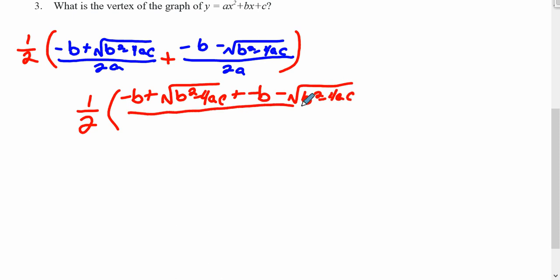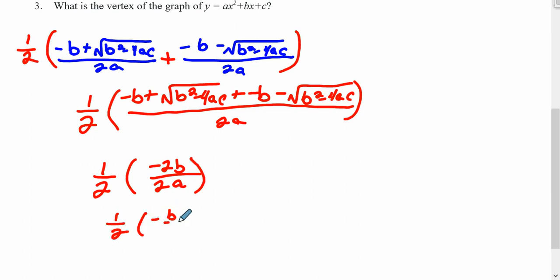And that's all over 2a. So that gives me 1/2. And then in the top, I have a positive and I have a negative, just like we did when we have numbers. So when I add a number and its opposite, I get 0. So I get negative 2b, because negative b plus negative b is negative 2b over 2a.